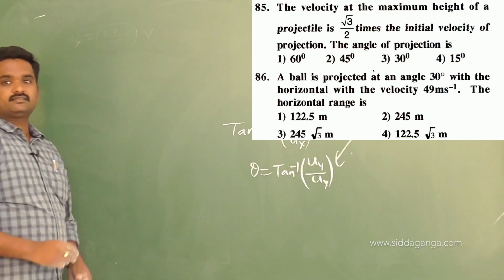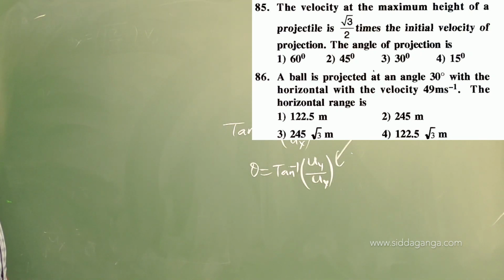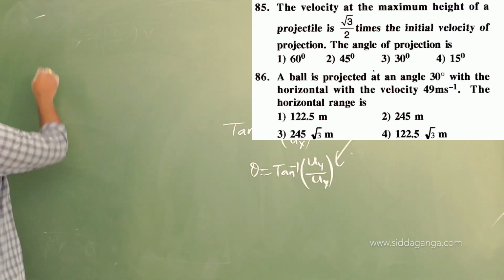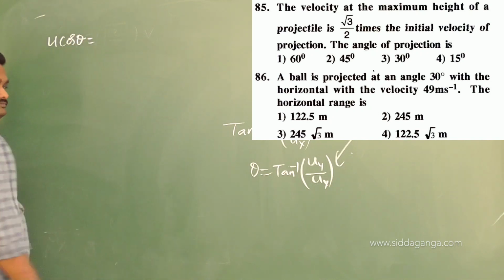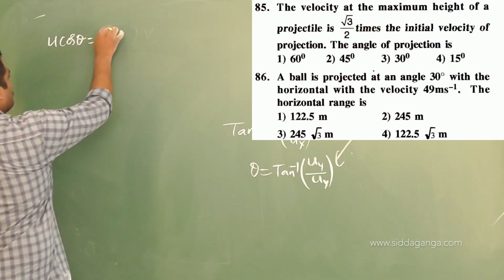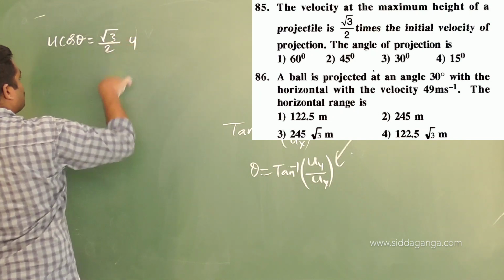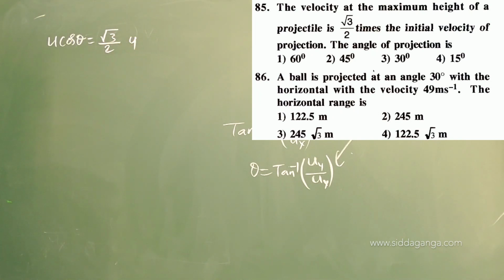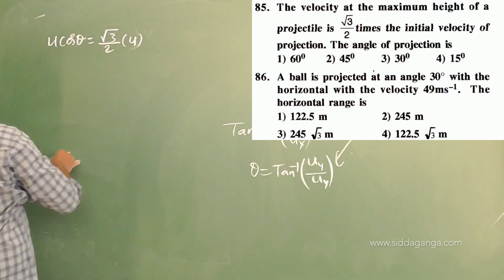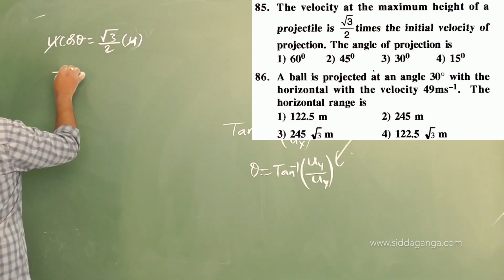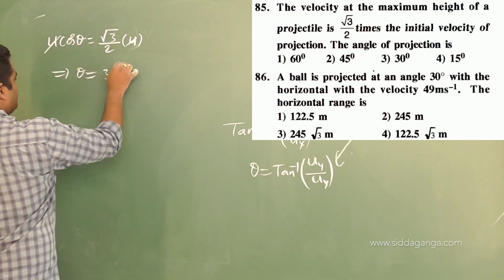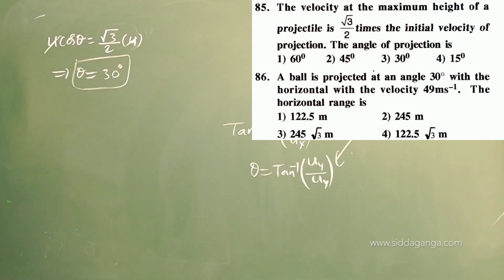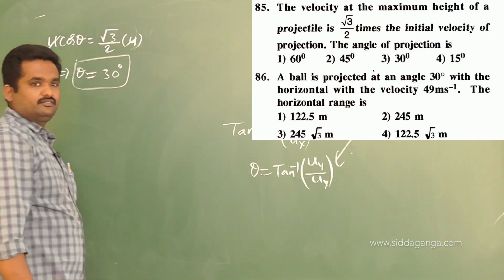What they are saying: the velocity at maximum height is u cos theta, which equals root 3 by 2 times the velocity of projection, which is u. So u will get cancelled. From this, theta equals what? For which angle is cos theta root 3 by 2? Theta equals 30 degrees. This is the answer. Angle of projection is theta equals 30.